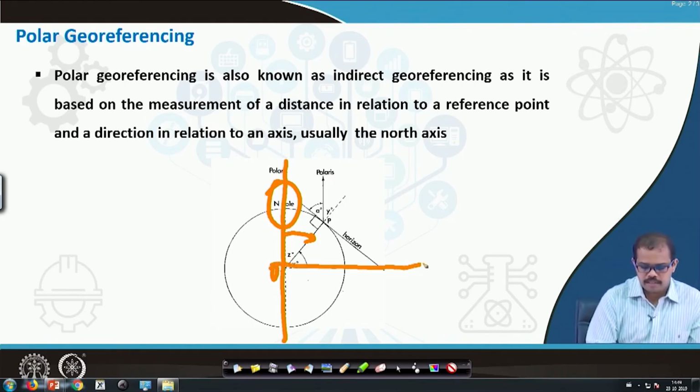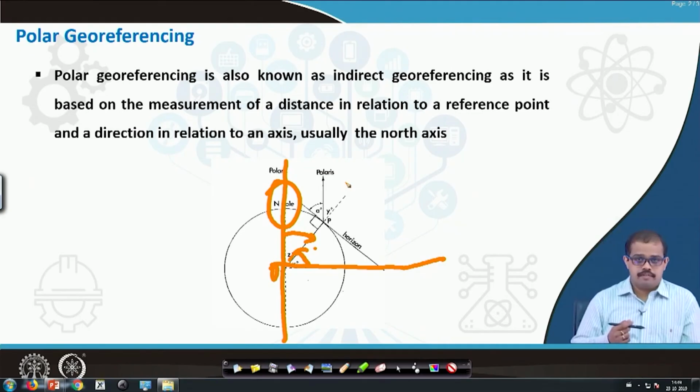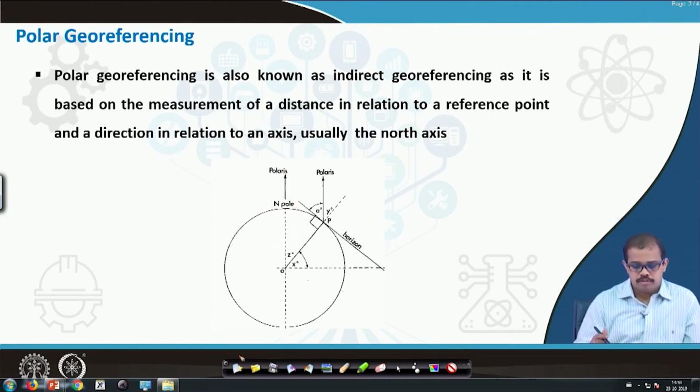If you have an imaginary line, the angle that it is making is calculated. That is nothing but polar georeferencing. That's how you reference that this point on the earth's surface with respect to the north direction lies somewhere here, okay. So that's how you do a polar georeferencing.